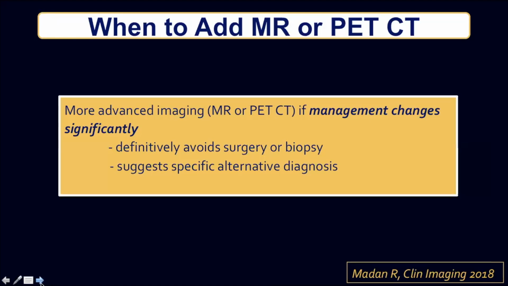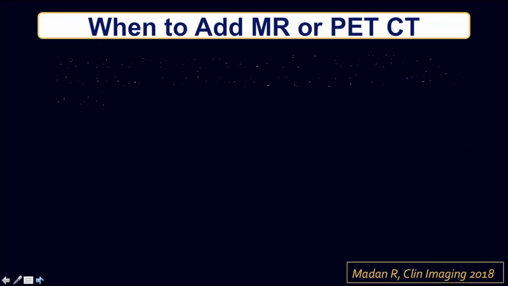So we really want to add advanced imaging like MR or PET-CT where management changes significantly, such as you do this imaging and it avoids surgery or biopsy, or it helps suggest a specific alternative diagnosis. And this happens in a couple of different clinical situations.